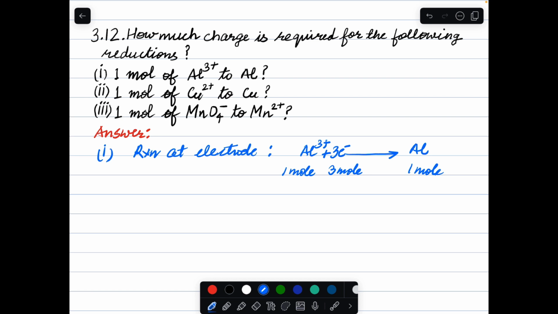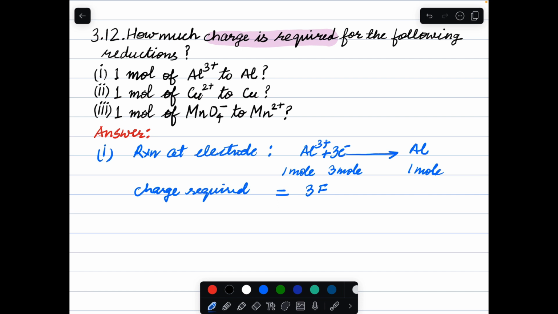Okay, now here what we have to find out, the charge required. The quantity that we have to determine is charge required. So we will calculate for this charge required. For this conversion of aluminium ion to aluminium metal, charge required will be 3 Faradays.